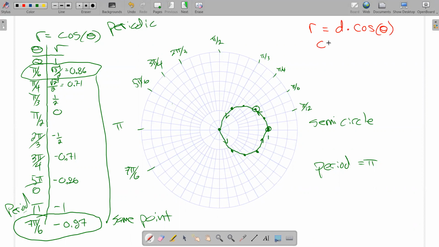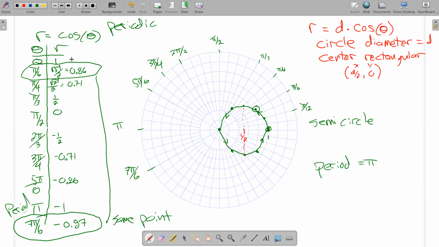That gives us a circle with diameter equal to D, and then the center of that circle in rectangular coordinates would be the point x is whatever D over 2 is, half the diameter, right? So 1/2 is right in the middle here. That was radius 1/2 there. And then the y value is 0.